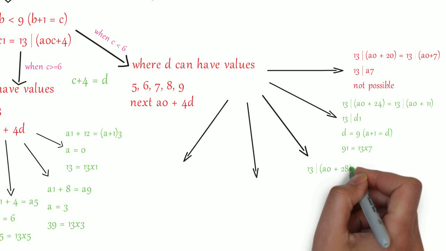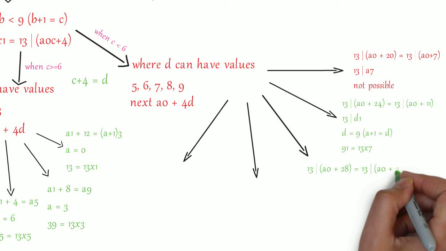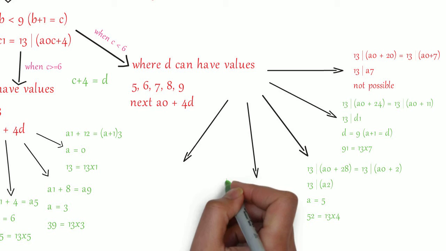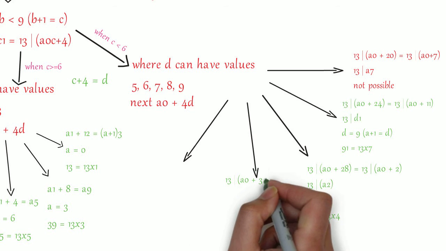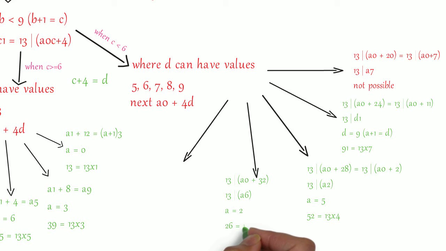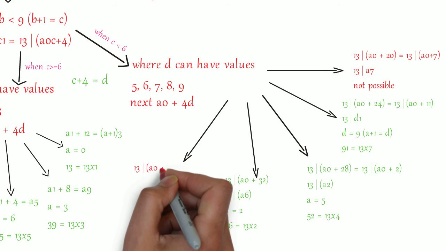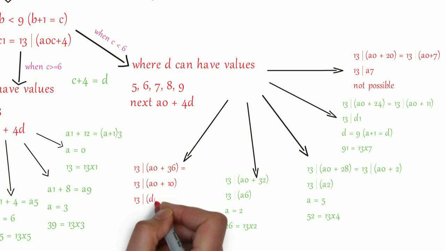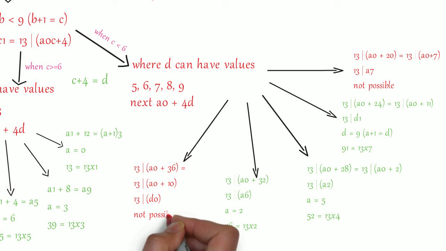For the third case, 13 divides A0 plus 28, and this gives us 13 divides A2, and 52 is our solution. For the next case, 13 divides A0 plus 32, and this gives us 13 divides A6. 26 is our solution here. And at last, when D equals 9, we get 13 divides A0 plus 36. This reduces to 13 divides A0 plus 10, and that gives 13 divides A0, but we don't have any 2-digit multiple of 13 ending in 0.